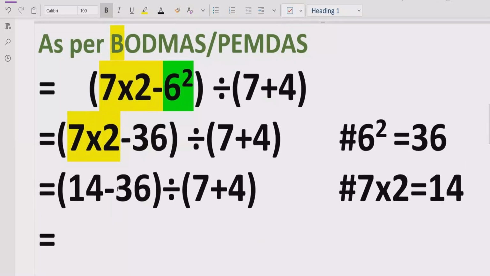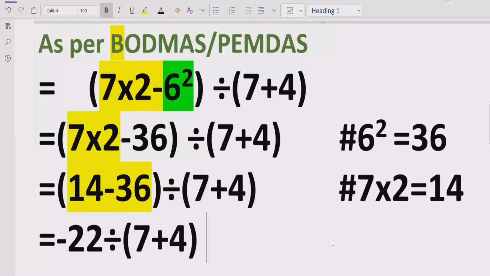Now we have here 14 minus 36, so we will subtract both of them and the answer is minus 22, and divided by 7 plus 4 we will write as it is.